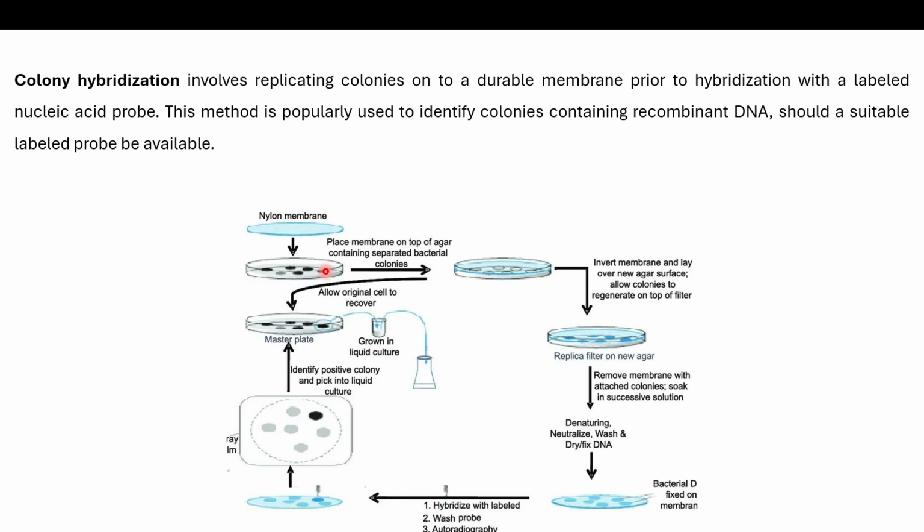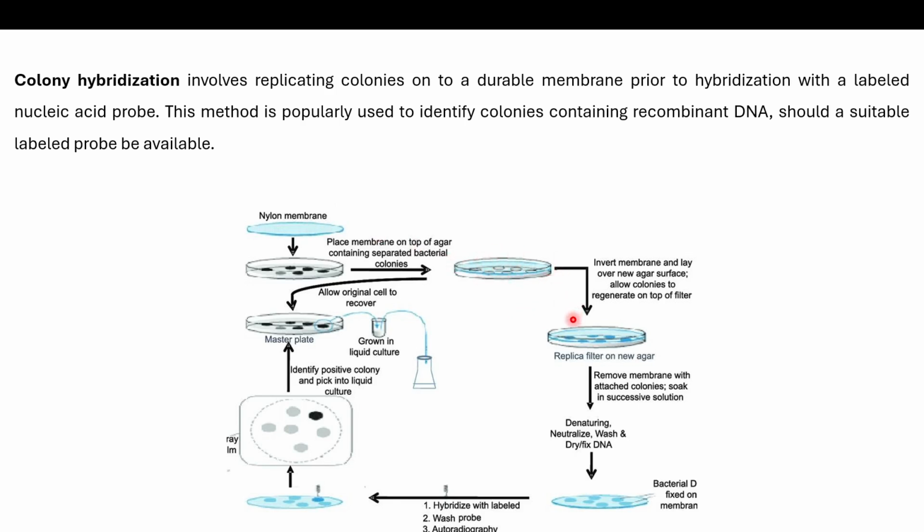The nylon membrane is put on it, and exactly the way the bacterial colonies are there, these will be replicated. These will have some cells sticking from each colony, and then the nylon membrane is taken up and put onto a fresh nutrient agar medium.